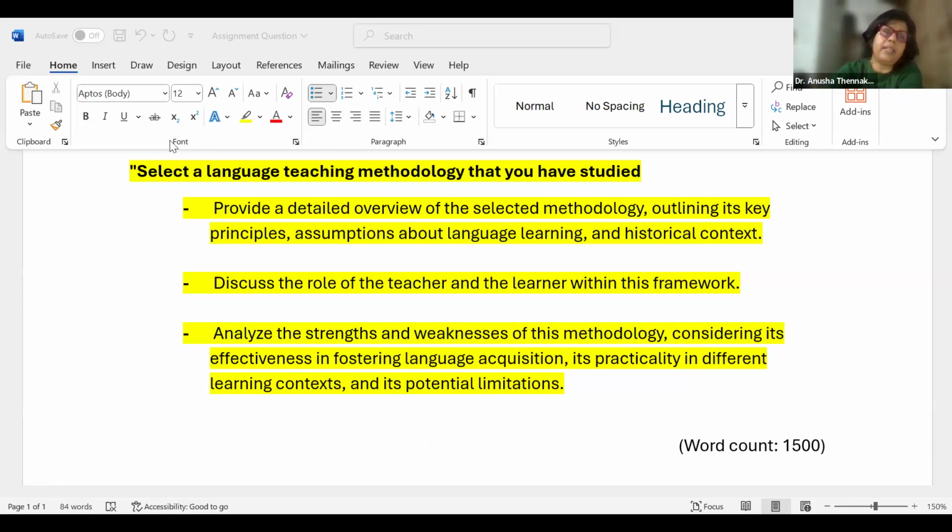Now, just check. Now we have learned 5 methods. So just get an idea now itself with which method you are going to study this. You are going to write the assignment.